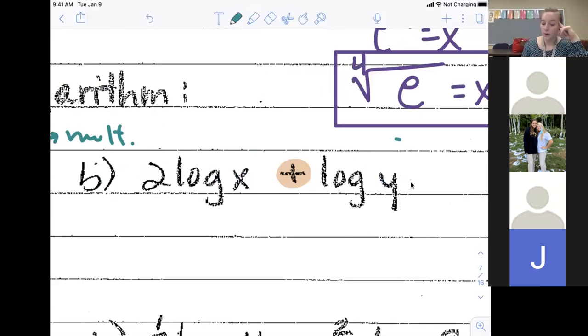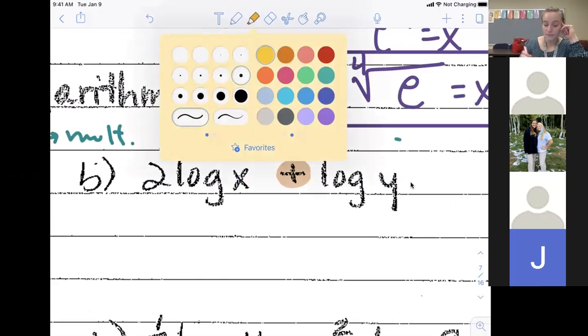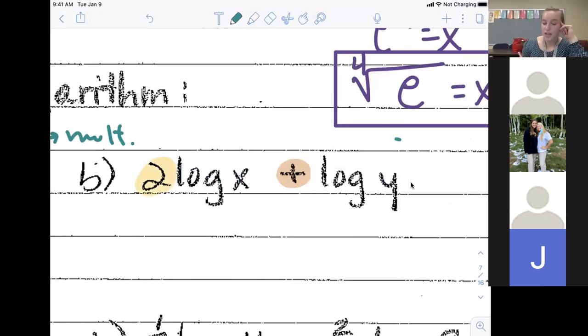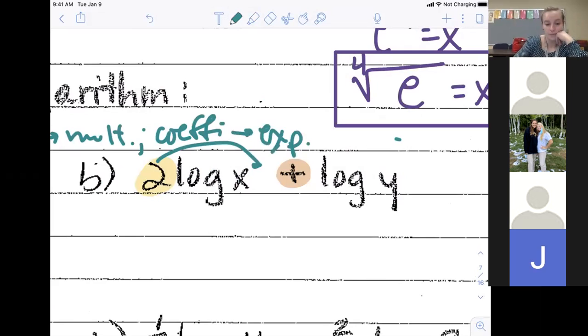Before I do that though, I have this weird coefficient out front that I have to deal with first. When there's a coefficient, that becomes the exponent of my variable. So I'm going to write: coefficient goes to exponent.